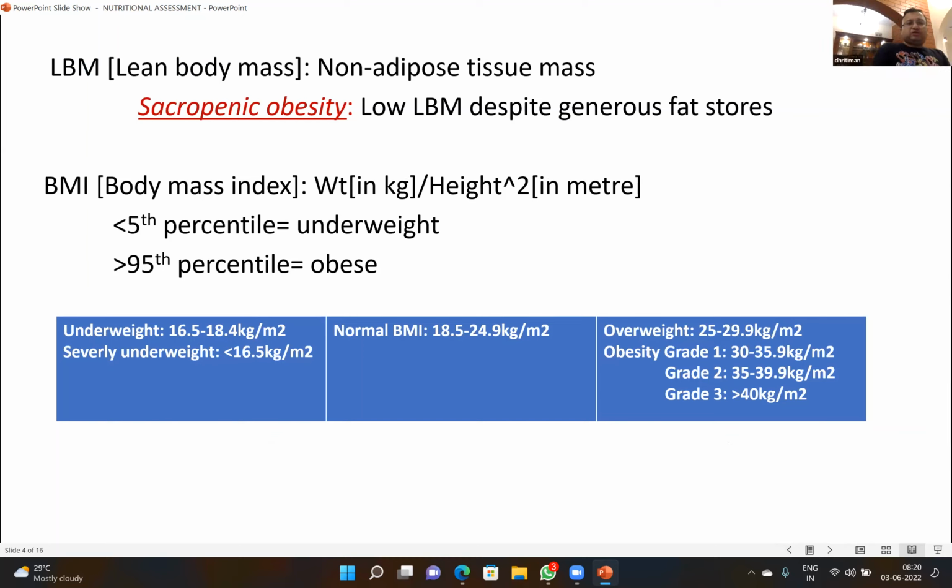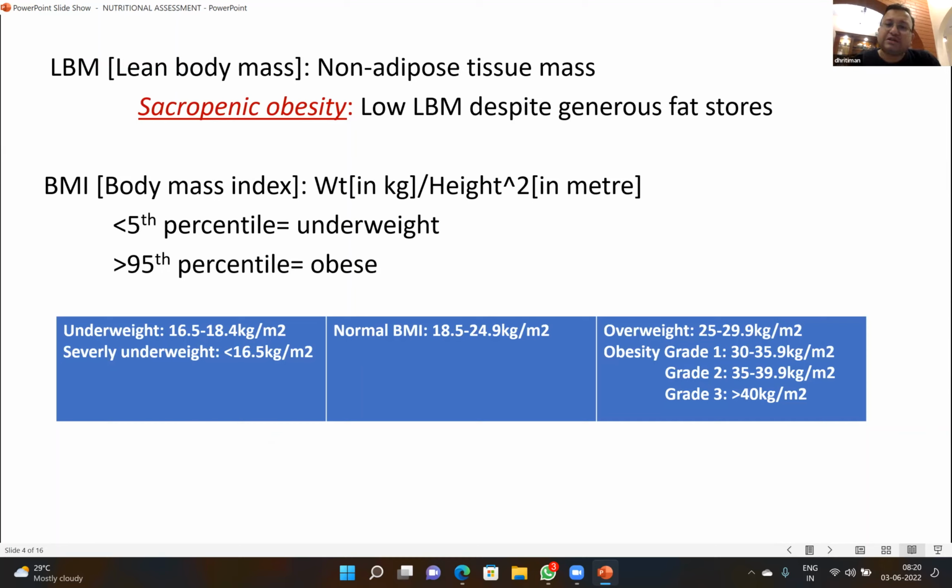Where you have talked about BMI less than 5th percentile and more than 95th percentile, what is the commonly used notation for this? What do we mean by 5th percentile? Median value minus 2 standard deviations.